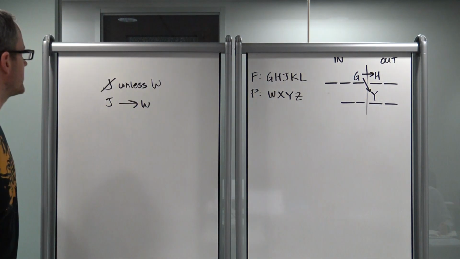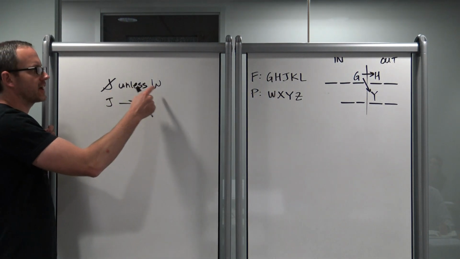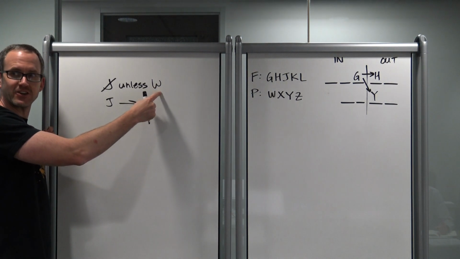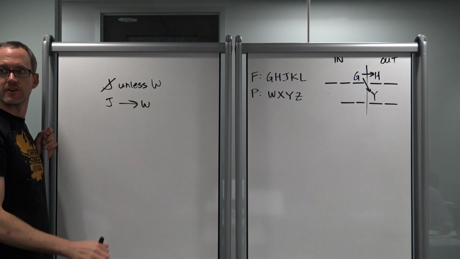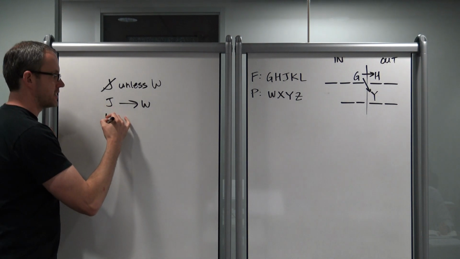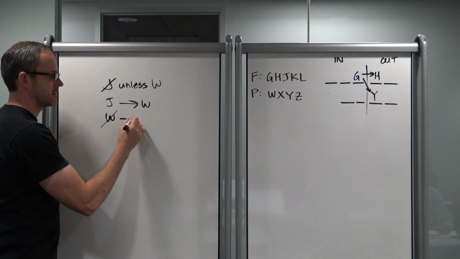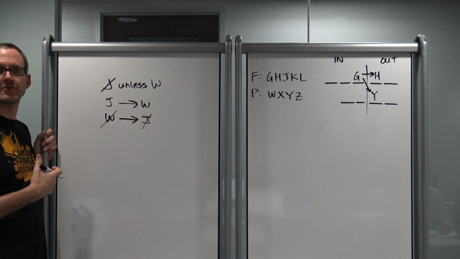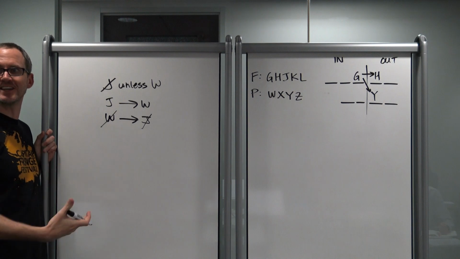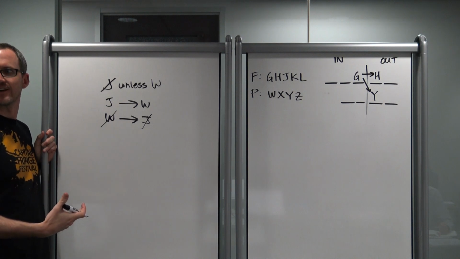Just a little thought experiment here. If you decided to negate this clause and make that your if clause, what would you get? If not W, then not J. Because remember, you can only negate one thing. That's what I was going to say.